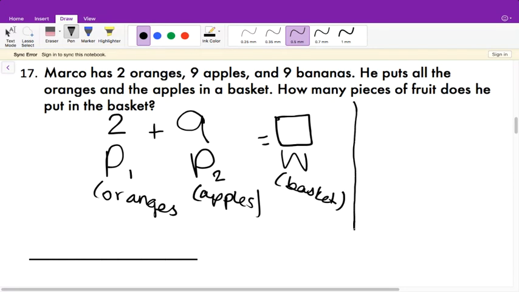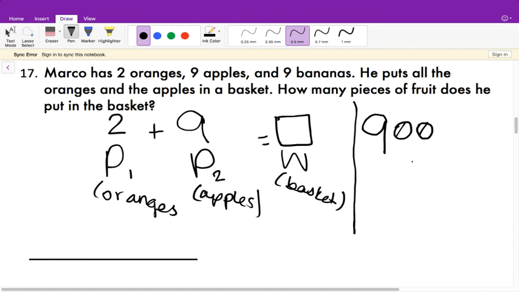Now we can solve. So we're always going to count up from the bigger number just because it makes things easier for us. So we'll start with 9, and we're going to add 2 more. 9, 10, 11. Okay, 1, 2. 2 plus 9 equals 11.